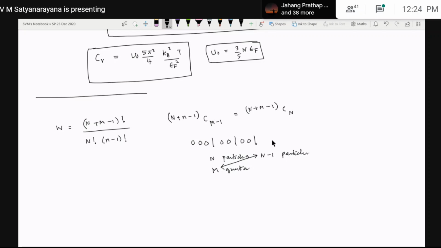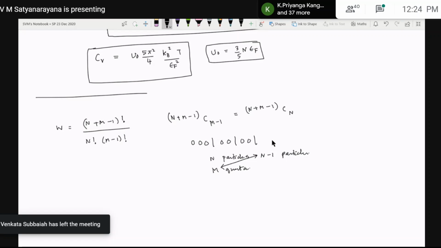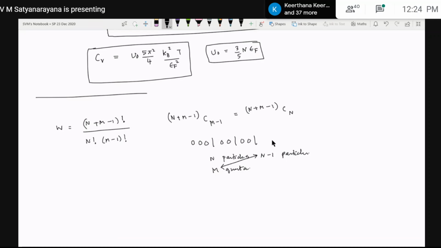But we said particles can be interchanged. It is not exactly particles, it is only partitions. That is what is correct, because the n minus 1 is what can be interchanged. Fine, sir. nCr equals nC(n minus r). Exactly.